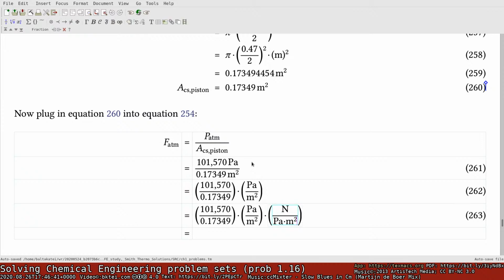Is that right? Yeah, so 1 Pascal is equal to a newton acting over a meter squared. So Pascal will be on the opposite of newtons. Yeah, that'll work.